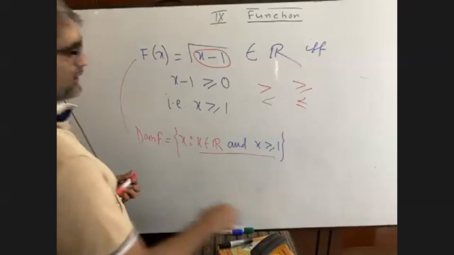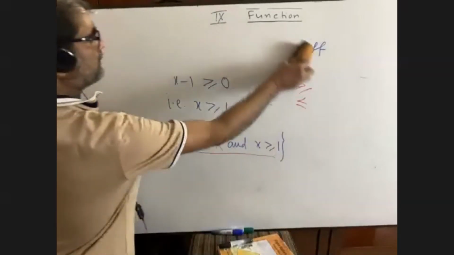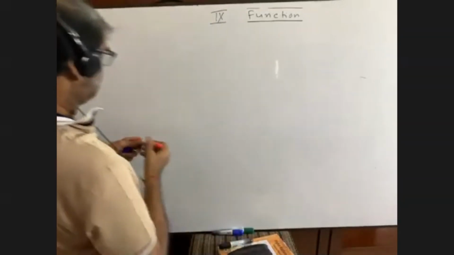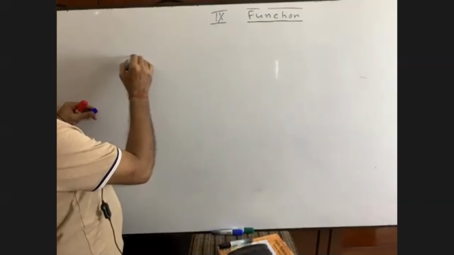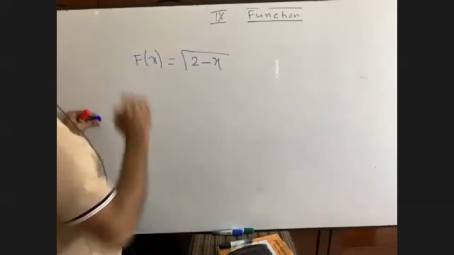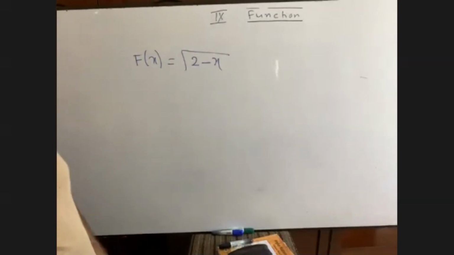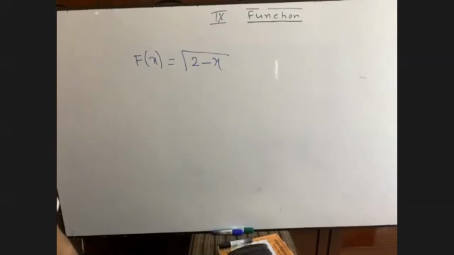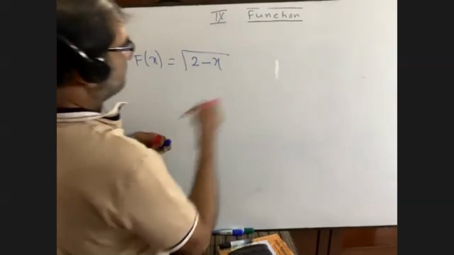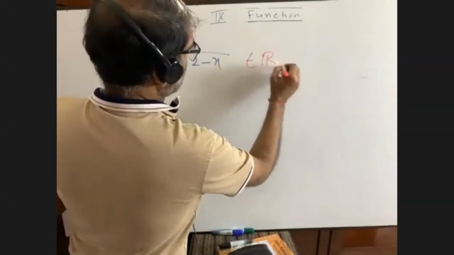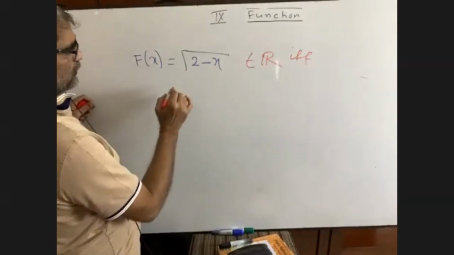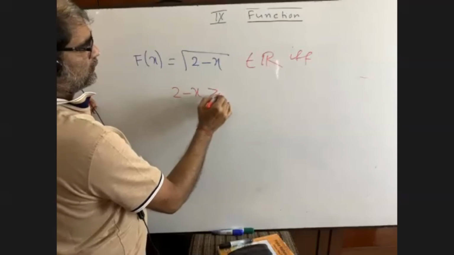Okay, I am giving you another example. Suppose you are given this, can you find the domain of the function? It belongs to R if and only if, what I told you, inside the square root will always be greater than or equal to 0. Can you please remember?